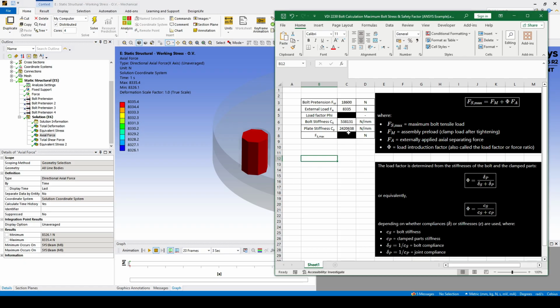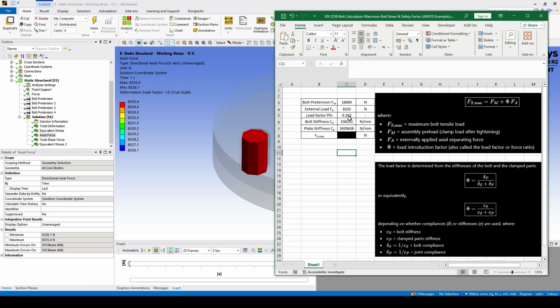In order to calculate the phi factor, we have to use this formula, which is nothing more than the bolt stiffness divided by the bolt stiffness plus the plate stiffness. Based on this formula, we got the load factor phi, which is around 0.182.